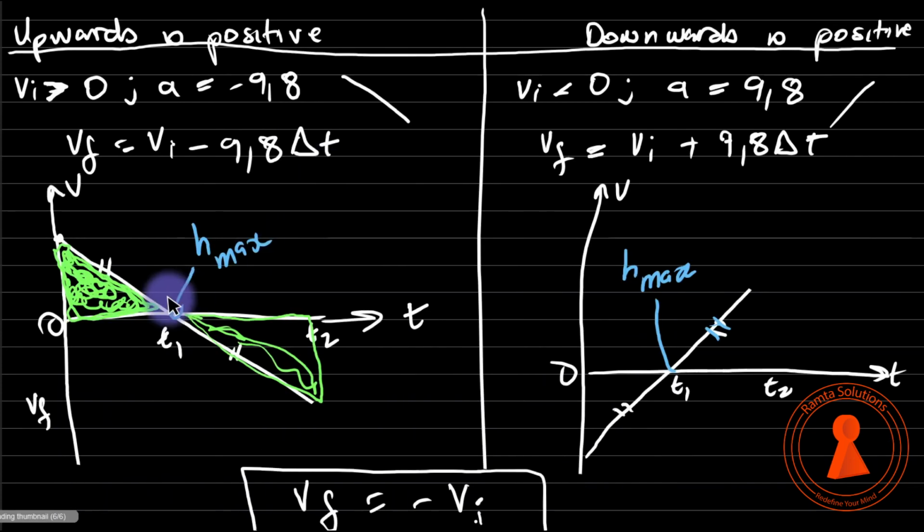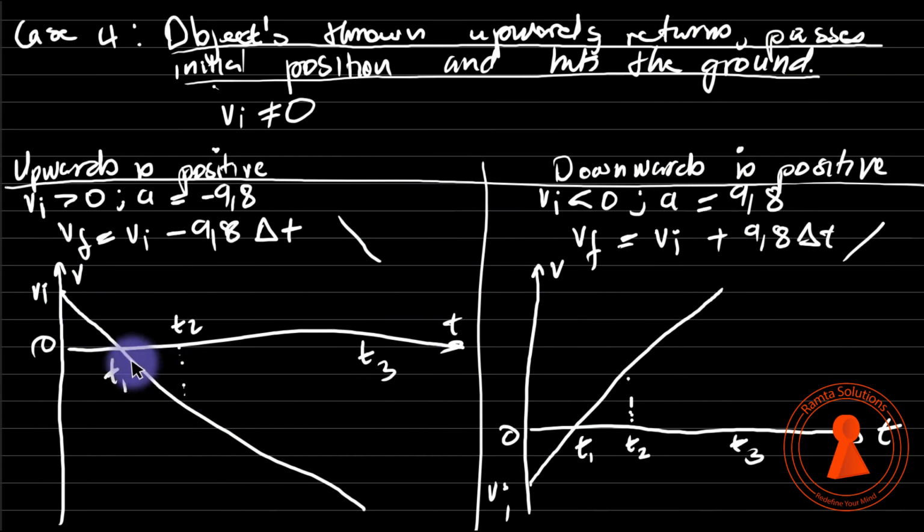With the previous one, they were equal, but this one, they are not equal. Remember, the x-intercept of velocity versus time is the time taken to reach maximum height, where you find your maximum height.